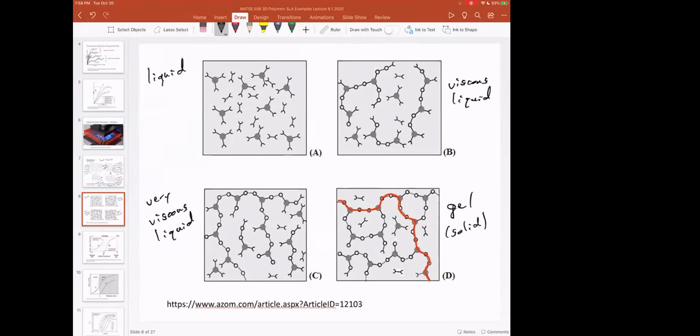Okay, good. So I have a question as well, really quick. Would there be any case where this would happen on its own without being exposed to light, where you have an unstable resin? Yes.